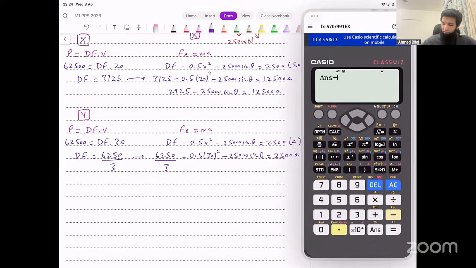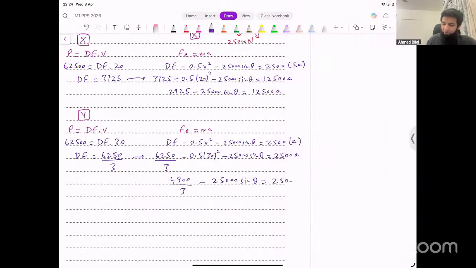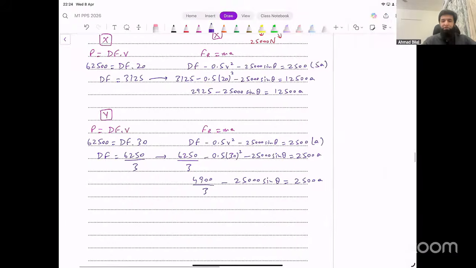This number minus 0.5 times 30 squared, which is 900. We get 4900 divided by 3 minus 25,000 sin theta equals 2500 times a. We have these two equations, solve them simultaneously, and that is going to give you the values of theta and a.